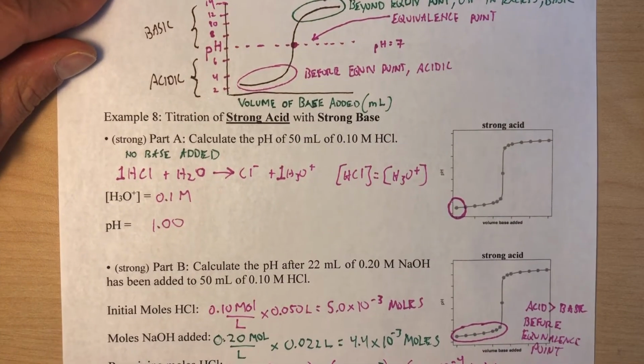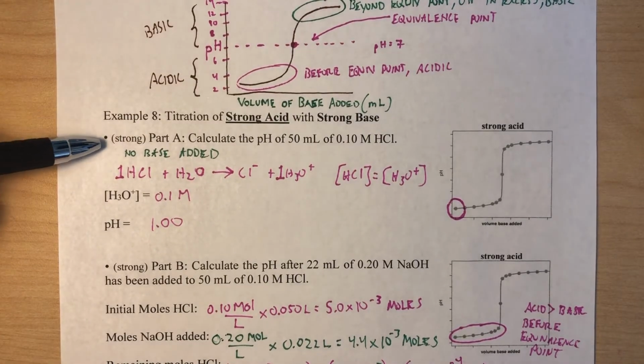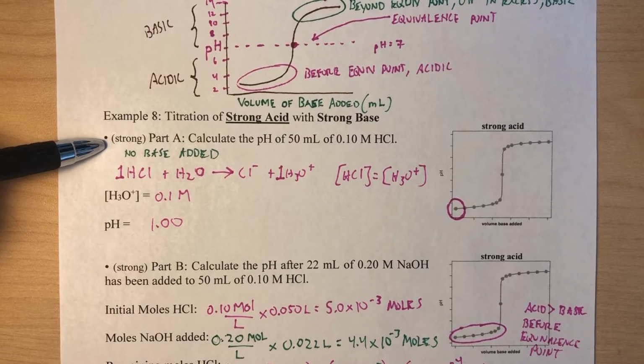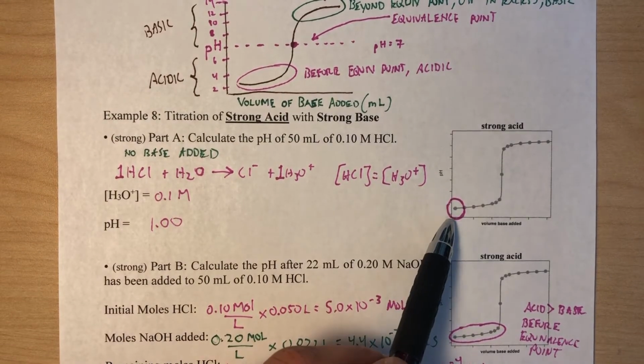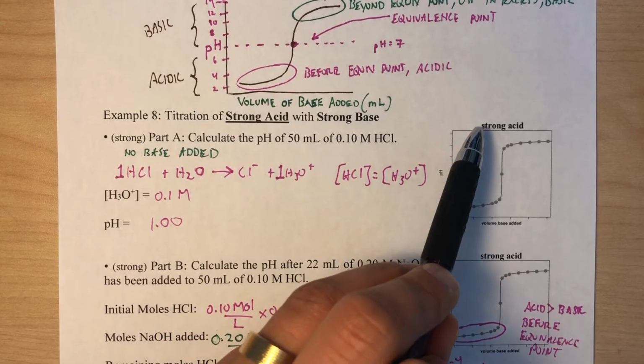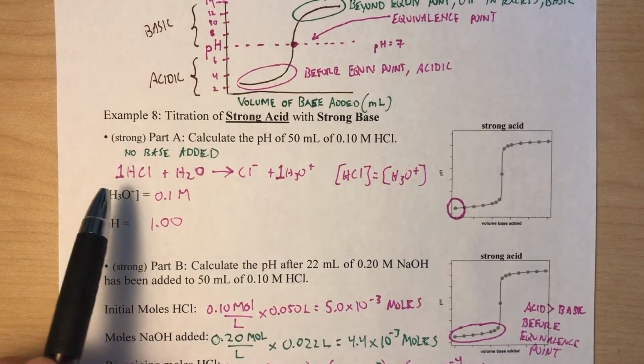base. So here, we are going to calculate the pH of 50 milliliters of 0.10 molar HCl, hydrochloric acid. At this point in the titration, no base has been added yet. So we are right at the beginning of the curve, right down here, in a strong acid with a base titration.